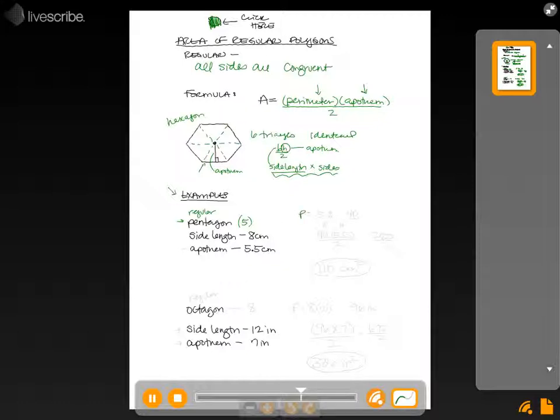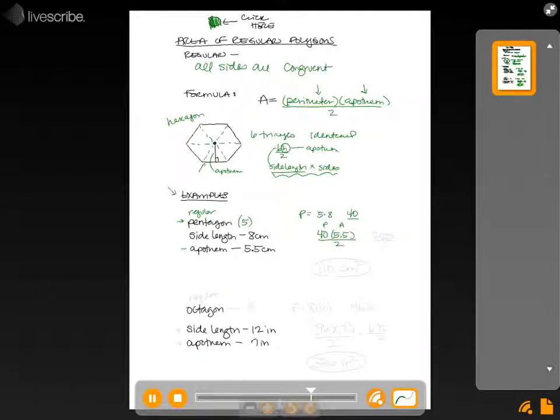First thing we need to do is find the perimeter. That would be the side length times the number of sides. So 5 times 8. So our perimeter is 40. And then our apothem they gave us. So we're going to set up our formula. It's going to be 40 times 5.5, the perimeter times the apothem, and that's going to be divided by 2.